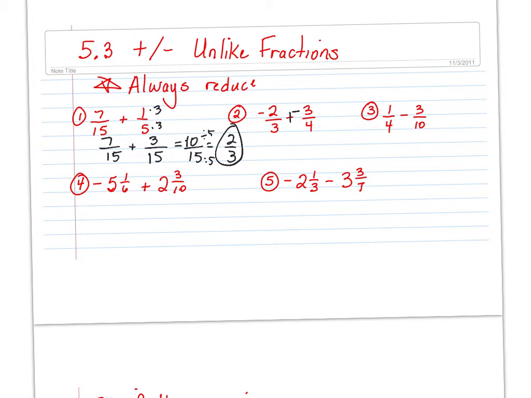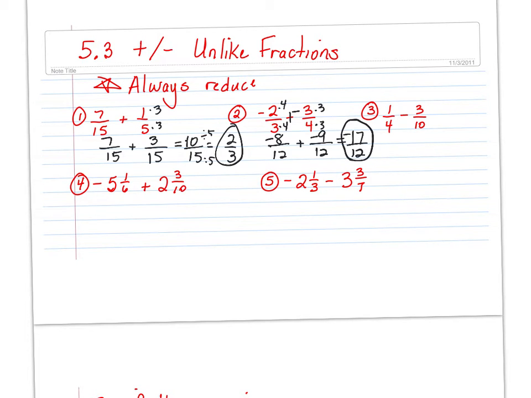Probably pretty important. 12 is a common denominator. We're going to multiply this by 4, that by 4, so it's -8. And then this by 3 and that by 3, which is -9. And we get -17/12. And as long as you leave it as a reduced improper fraction, I don't care, and that is reduced.